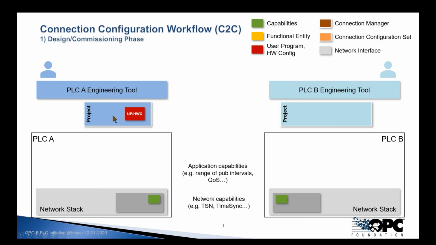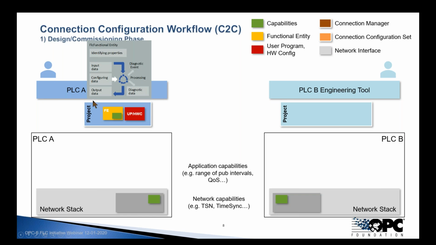But since we want to make that PLC an automation component, an FLC capable PLC, we also have to define a functional entity. That is what we've seen on Paul's slide and maybe also in slides before. We have to provide the interface to the outside world with input data, configuration data, output data, and also the capabilities: I'm capable of communicating with a bunch of publication intervals and maybe with quality of service, best effort, and priority.